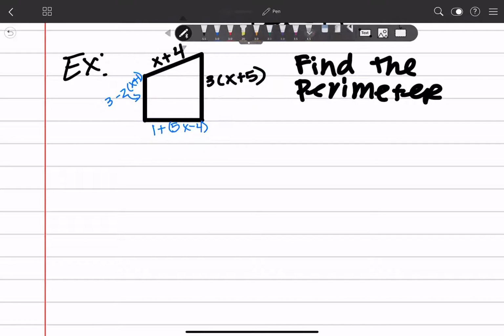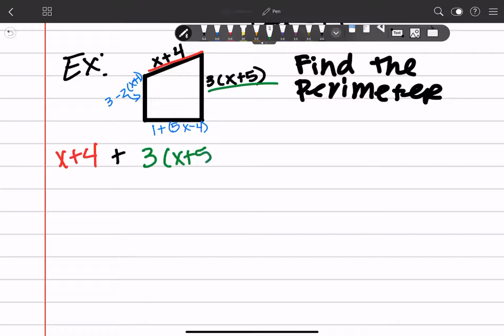Well, I'm going to do them in different colors, just so it keeps me kind of organized. So I've got x plus 4. And I'm going to add that to this one right here, which is 3 times x plus 5.